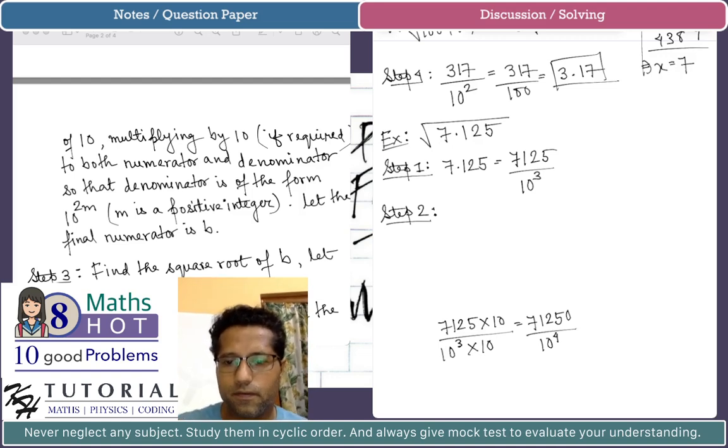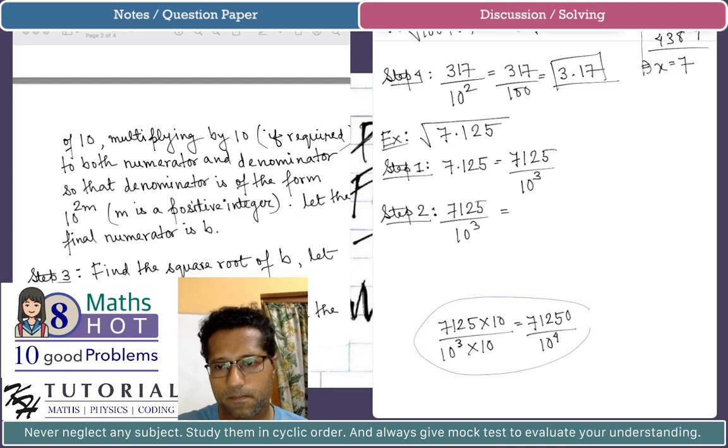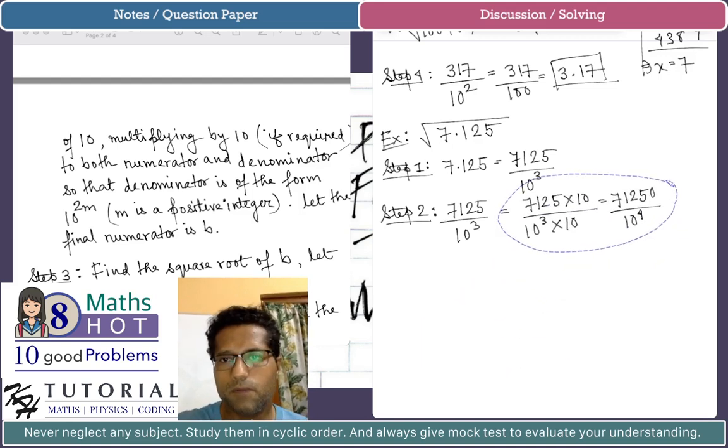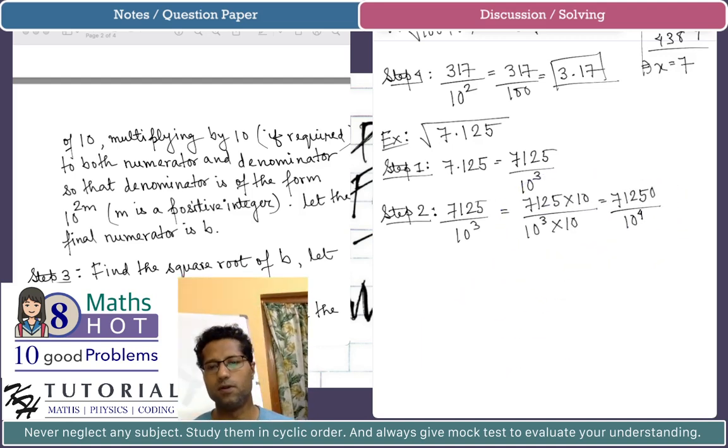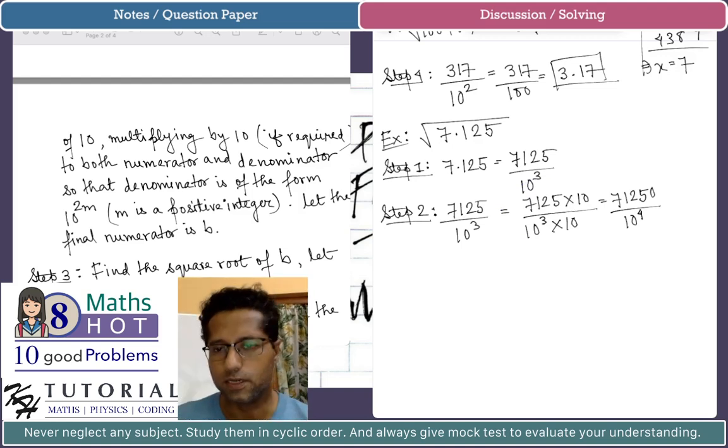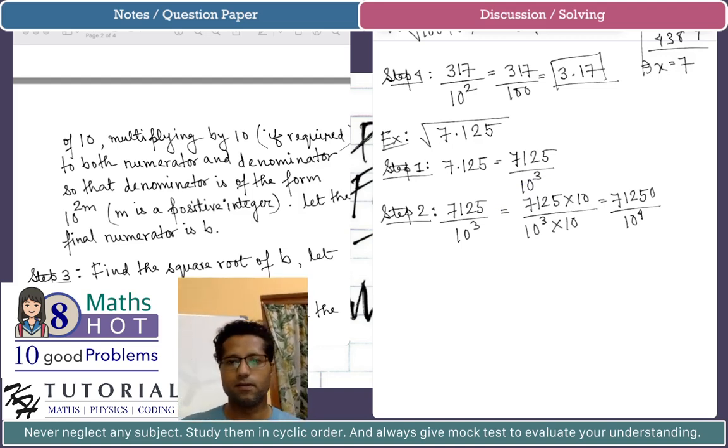So 7.125 divided by 10 to the power 3 is equal to this. We multiplied both the numerator and the denominator with 10, so that the denominator is an even power of 10, and we got 71250 divided by 10 to the power 4.